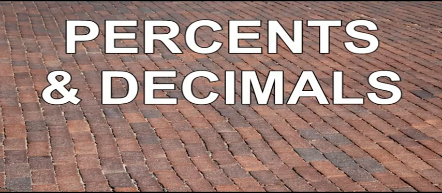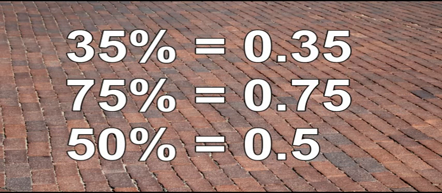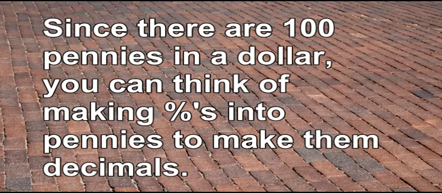Now let's look at some characteristics of percents and decimals. Let's look at the percents and decimals we've done so far. 35% would be 35 hundredths, 75% would be 75 hundredths, and 50% would be 5/10. An easy way to think of going from percents to decimals, since there are 100 pennies in a dollar, you could think of making percents into pennies to turn them into decimals.